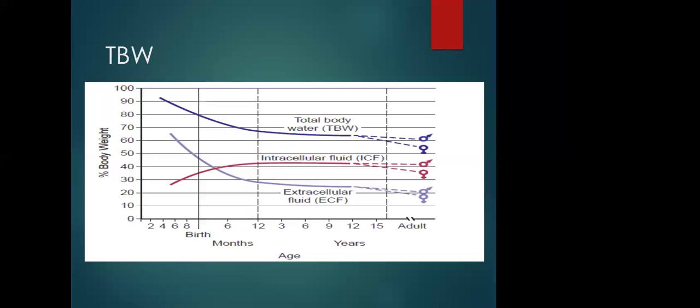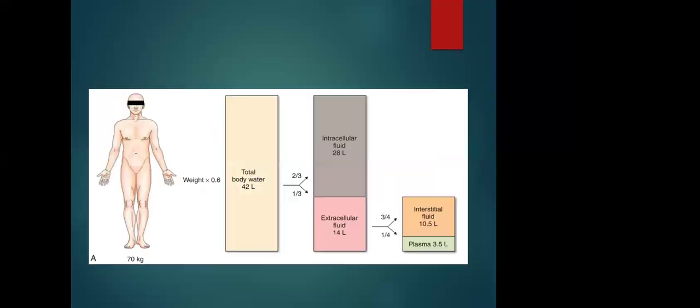The extracellular and intracellular fluid dynamics usually change, but the extracellular part is the part which changes a lot. Starting with a 70 kg adult man, you really have to know that 60% will be total body water. If it is a woman, it is about 50%.